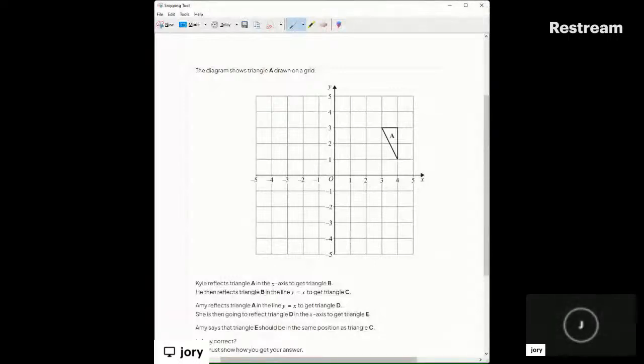Okay. Kyle reflects triangle A in the x-axis to get triangle B. So here's the x-axis. Let's do that. Here we go. I want straight lines. I don't want whatever this is customized.